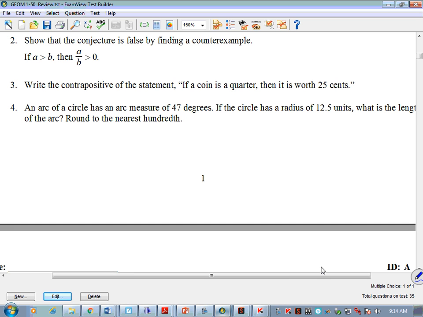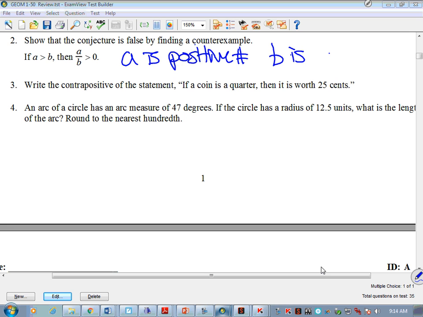All right, well, you didn't have a multiple choice set of options to pick here, so really my answer could be anything where A is a positive number and B is a negative number, okay?